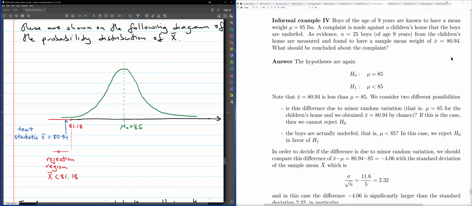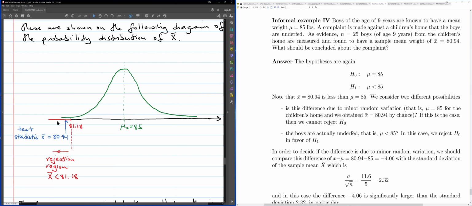Now, if we assume that the mean mu is equal to 85, and when we do the experiment we get 80.94, notice the probability of you ending up in this red interval, given that the mean is actually 85, is small.